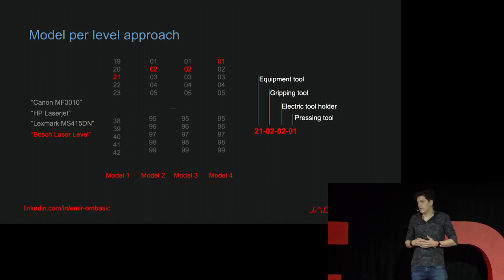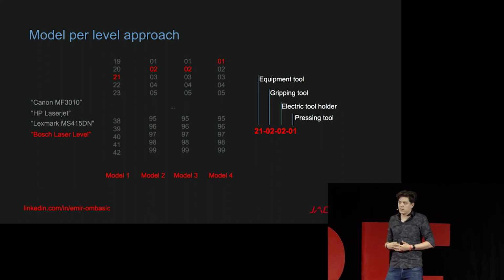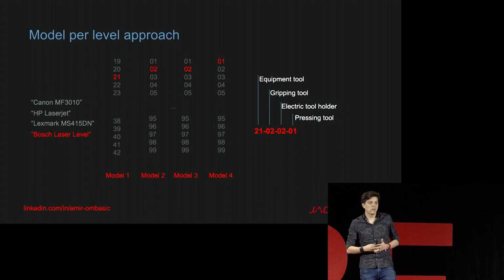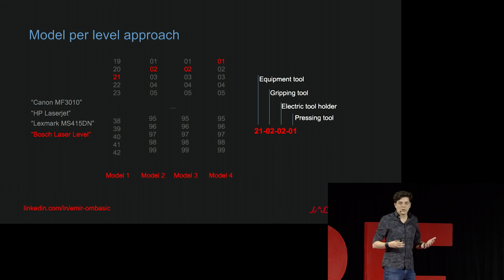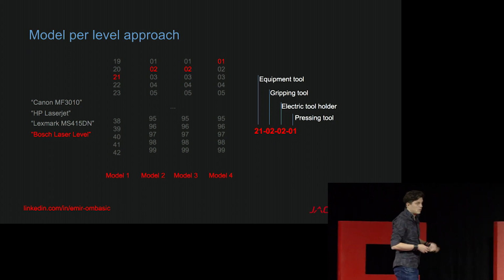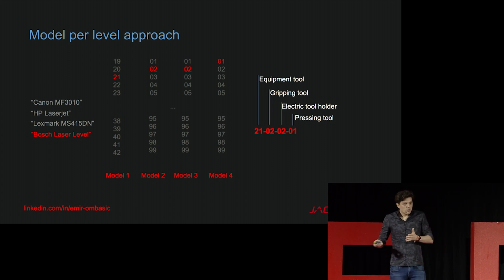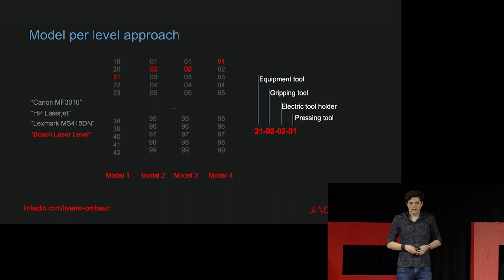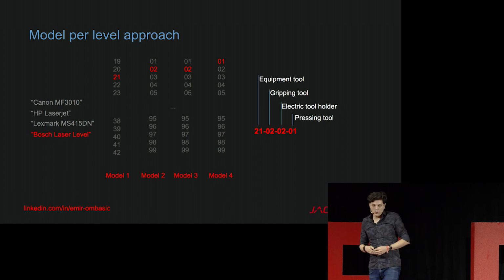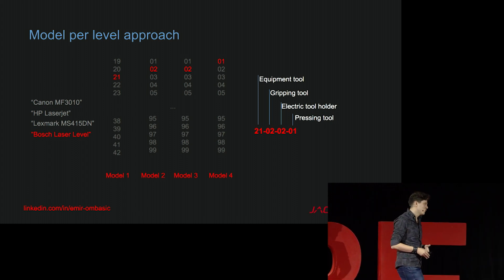But what happens if we have a mistake in the second model? What if the second model thinks, laser level, it contains the word laser, so I guess it's a laser printer. Because I've seen so many laser printers, this is probably a laser printer. And it will say, OK, it's category number 2. And now you see how this can lead to some really wrong paths. Basically, what happened here is that laser level will be mapped to a pressing tool, which is completely wrong.